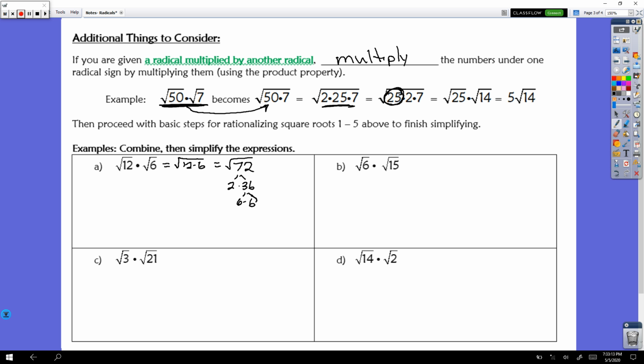So there's my group of 6. We take that out front, and then the 2. So my answer here would be 6 square root of 2. Again, if you kept breaking down 36, you would have 2 times 18, 2 times 9, 3 times 3. So we would take a group of 2 out and a group of 3 out, which would give you the 6.